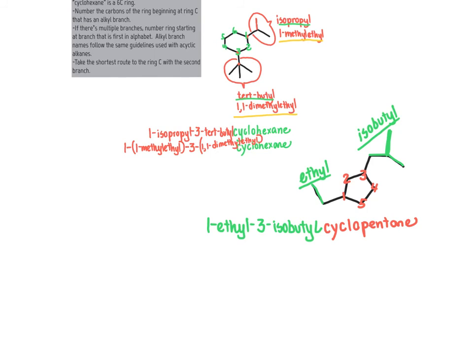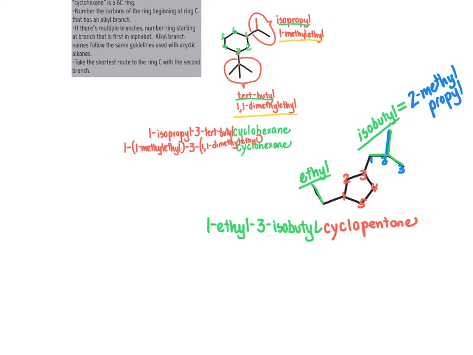An alternative acceptable name, remember that isobutyl is the same thing as saying that we have 3 carbons in the branch here, and at carbon 2 is where the methyl comes off. So we could also call this a 2-methylpropyl branch. And methylpropyl is one word, even though I'm having to put it on 2 separate lines here. So 2-methylpropyl, because there's 3 carbons in that chain within the branch, and at carbon 2, there's a methyl group coming off.